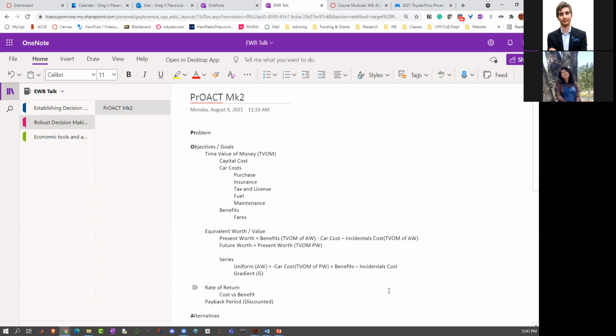Or what is the maximum amount I can afford to spend per month in order to make sure that I at least have the equivalent of what they're doing now? That's usually what you use for uniform series. Again, it's usually used when you already have established processes, and that's why it's often used. Other than that, usually present worth is done first.